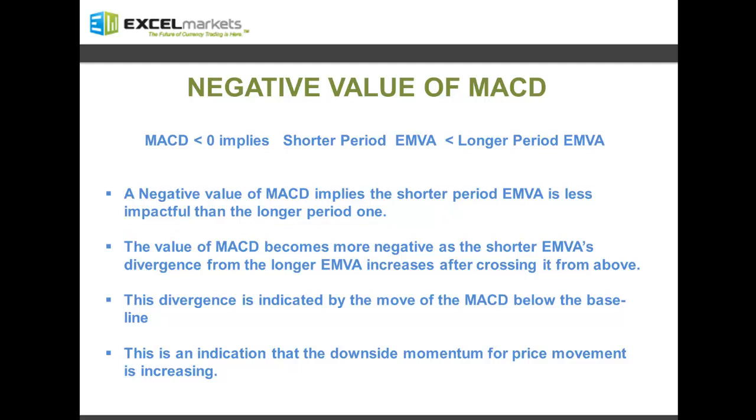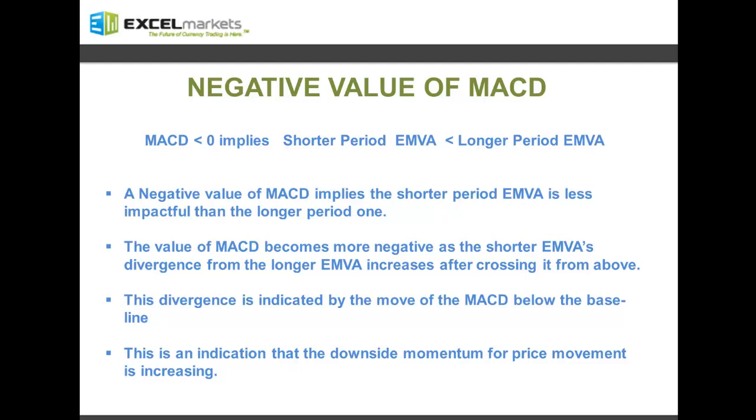This value of MACD becomes more negative as the shorter period moving average's divergence below the longer period moving average increases. This divergence is indicated by the move of the MACD below the 0 baseline and is an indication that the downside momentum for price movement is increasing.